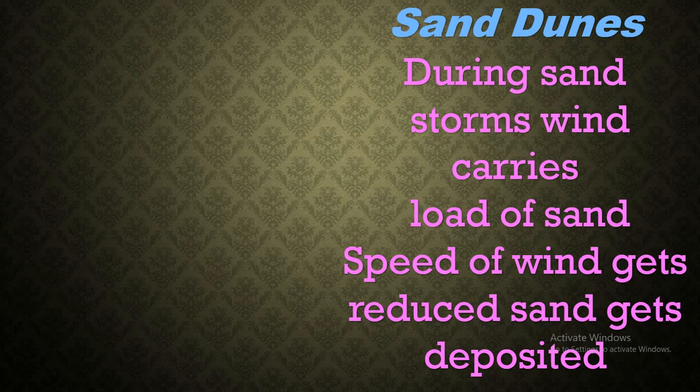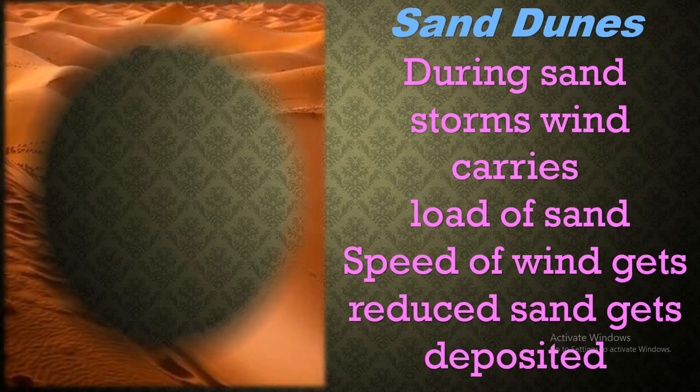With the speed of the wind, many tiny particles get eroded and pushed away from the place. When the speed reduces, they get deposited somewhere else. That is what is called sand dunes.